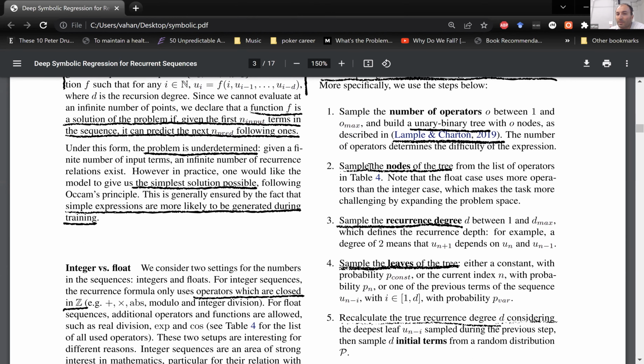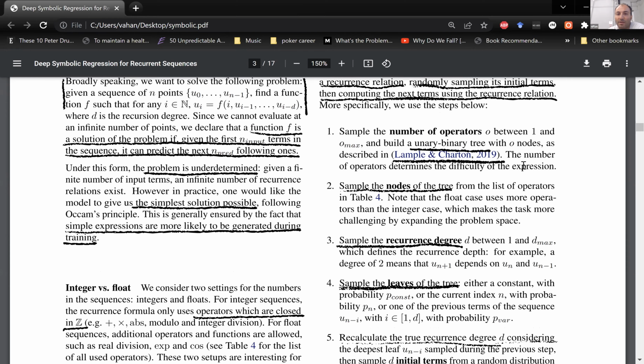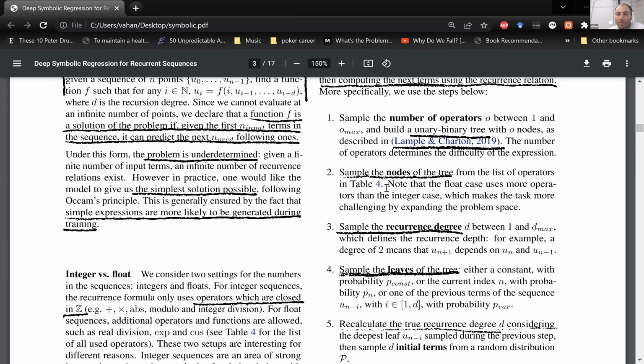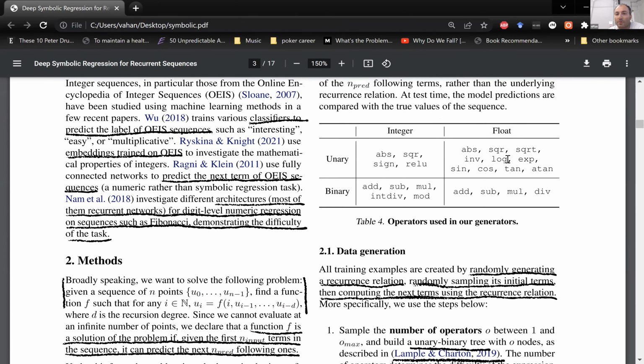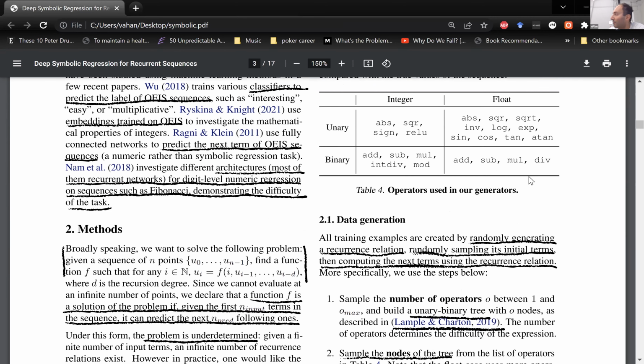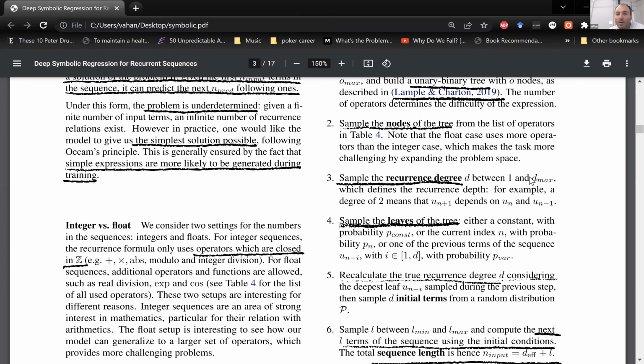Then you sample the nodes of the tree, which are the operators from the list of operators that we defined before. So Table 4 is up here. For each setting, integer or float, we have unary or binary operators, and then we sample from those. And then we sample the recurrence degree, which is also between 1 and 10, I want to say, but it's not in hundreds of thousands.